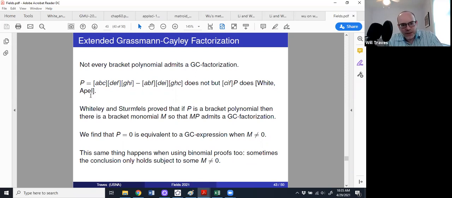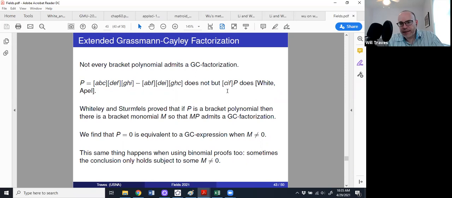Here's a simple example that I got from Appel's thesis, but she cites an example, I think, due to White, which says that this simple bracket polynomial doesn't admit a Grassmann-Cayley factorization, but if you multiply it by another bracket, then it does.